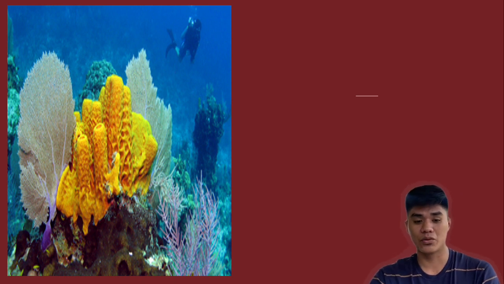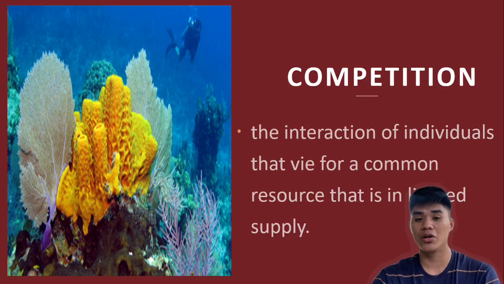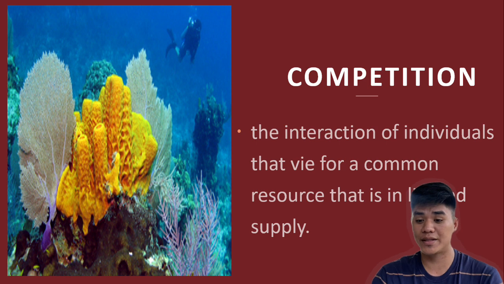That's right, a coral reef, which benefits from this interaction. Both of them benefit, but they compete for resources, the dissolved nutrients from the ocean. The sea sponges and coral reef compete for the dissolved nutrients. So this interaction is called competition, which is the interaction of individuals that vie for a common resource that is in limited supply.